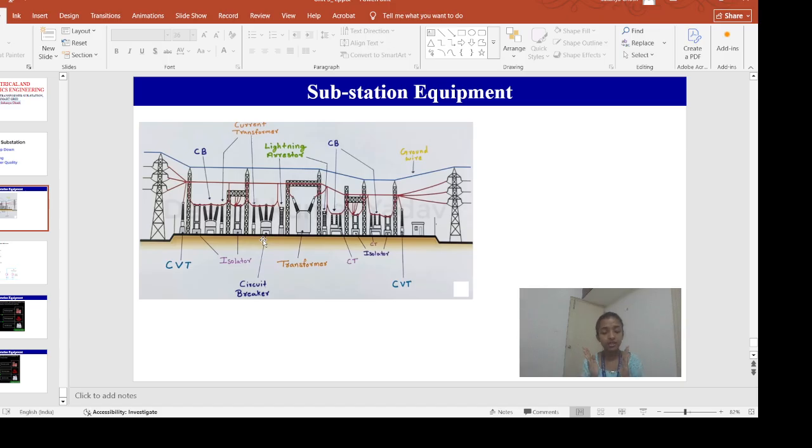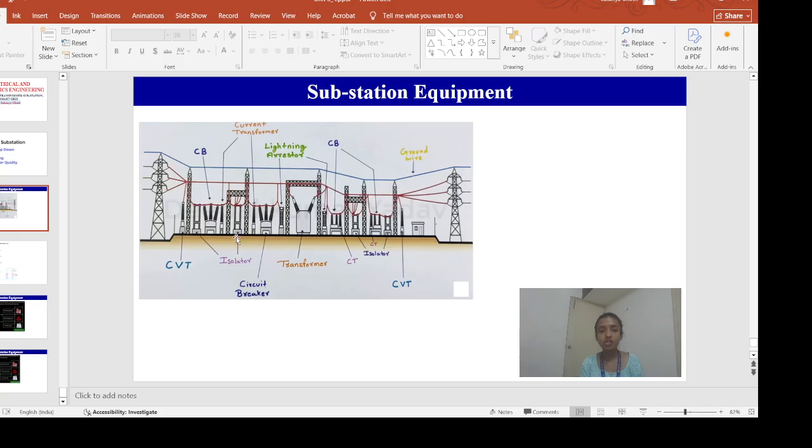The fixed contact and the moving contact will be connected back together, and the current will start flowing through the circuit again. So its main function is to make the current zero whenever a high current is flowing through the circuit. Next component is the isolator.